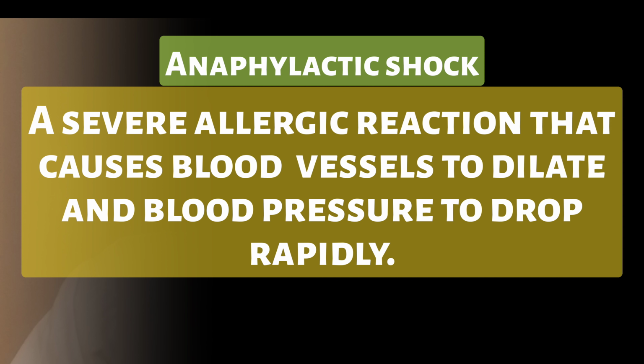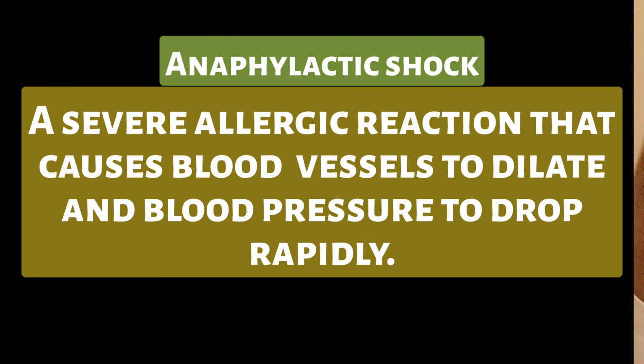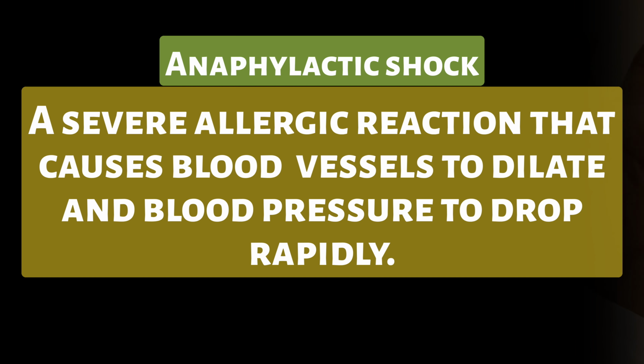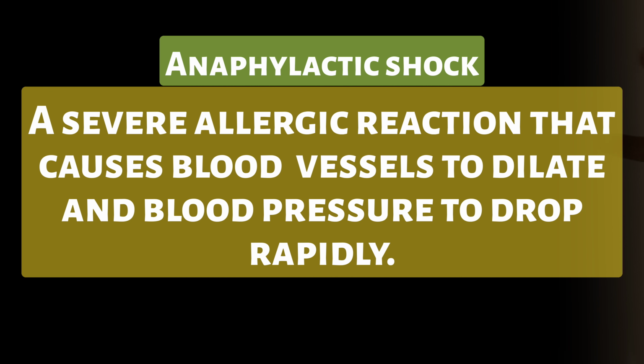And then we have anaphylactic shock. This is a severe allergic reaction that causes blood vessels to dilate and blood pressure to drop rapidly. This is a reaction because of an allergy.